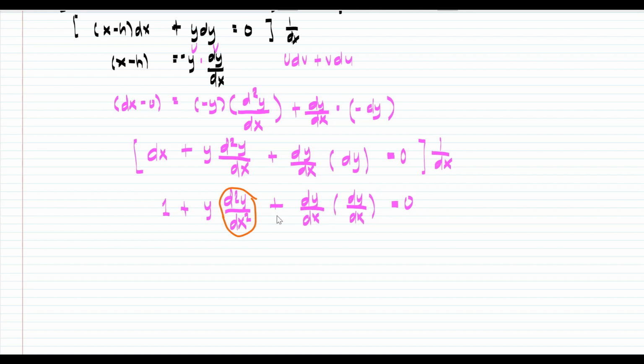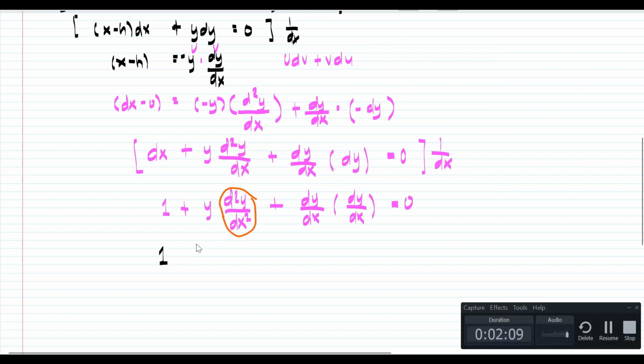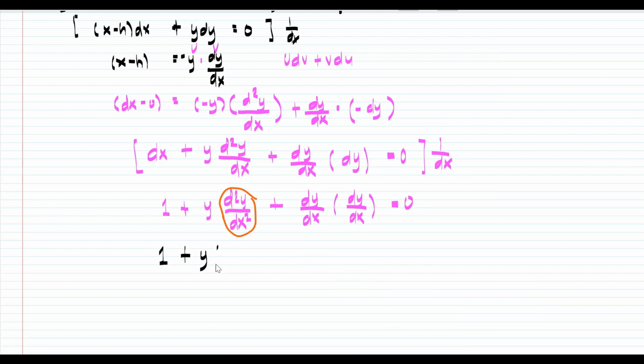So 1 plus y times d²y/dx², which is y double prime, plus dy/dx, the first derivative, multiplied by the first derivative again, equals 0.